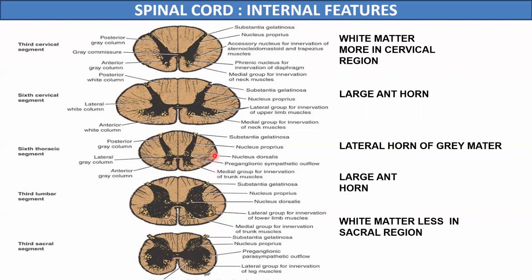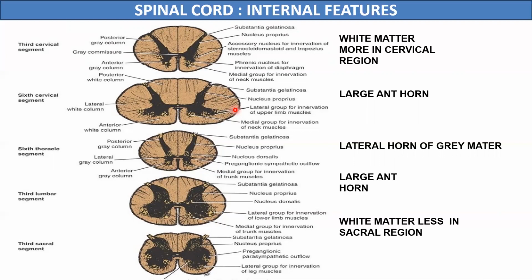If we look at the gray matter in various regions, in the lower cervical regions and in the upper lumbar and sacral regions, there is a large ventral or anterior horn. This large anterior horn is because there are more motor neurons at these levels.